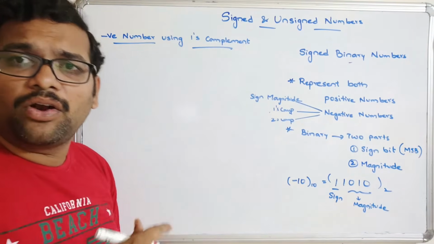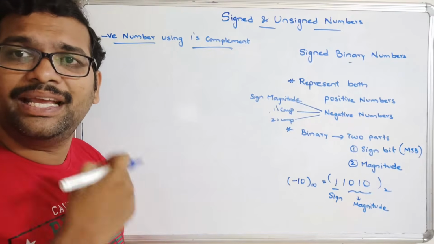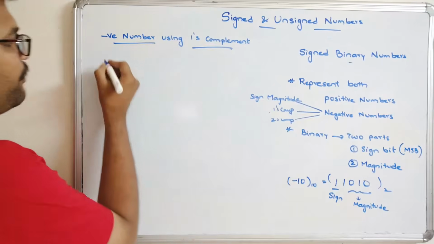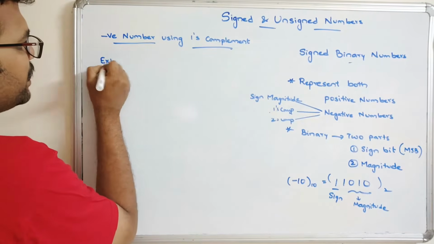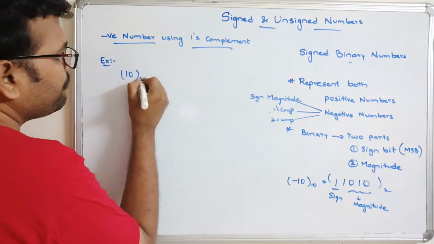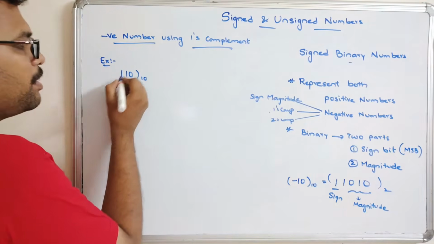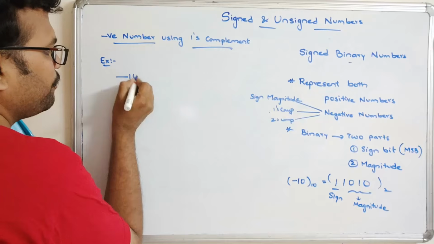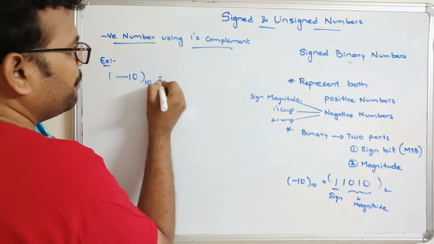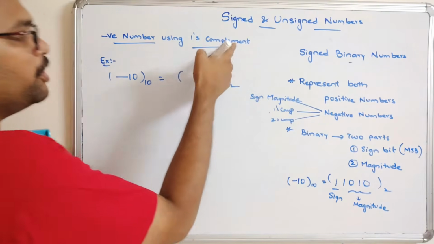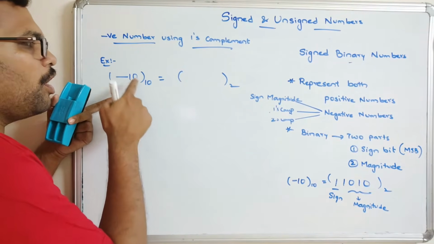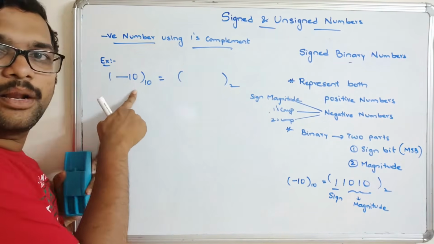This 1's complement we have already discussed in our previous session. Just inverting the bits will give the 1's complement. For example, if you want to represent minus 10 in a binary format by using the 1's complement, simply go with the normal 1's complement of the positive number.